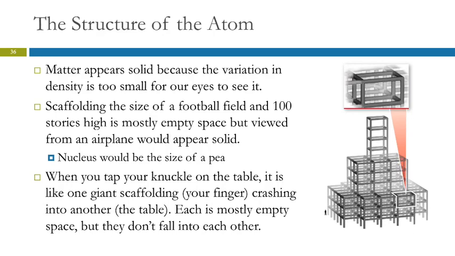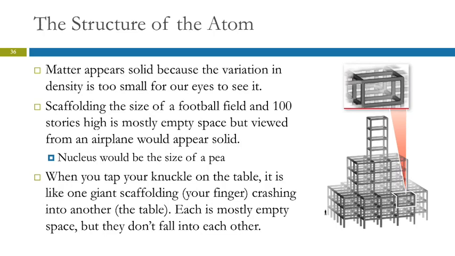And then the entire size of the atom goes from one goal line to the other goal line. And within that space are a few particles that are much smaller than that green pea. That's what an atom is. It's really kind of hard to think about.